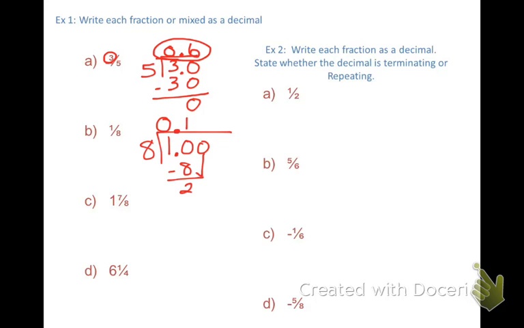Need to bring down a 0. 8 goes into 20 2 times. 16, 4. Bring down another 0. And that would be 40. 8 goes into 40 5 times. So here is your decimal.